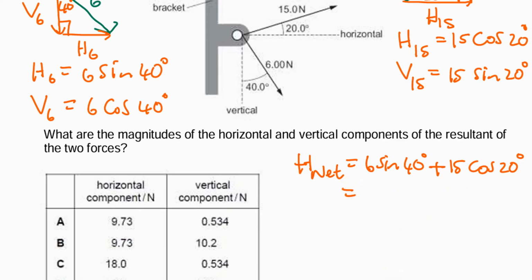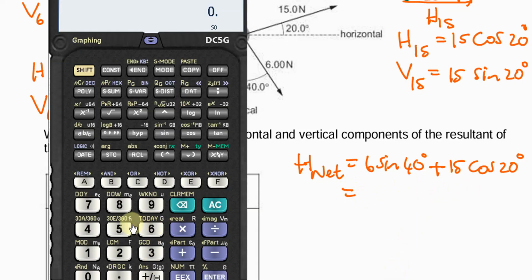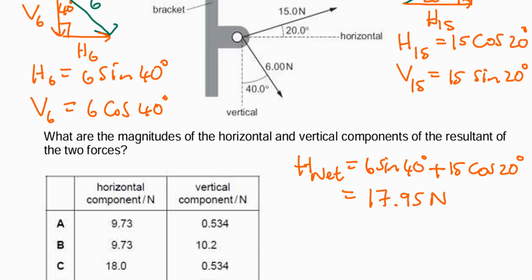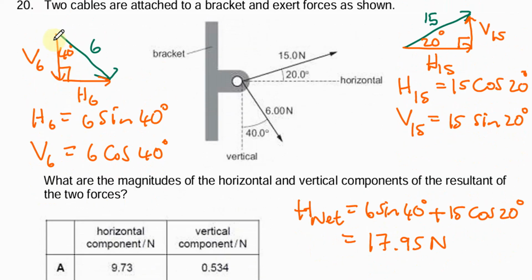And we can do this on a calculator. And we get 17.95. So 17.95 newtons.